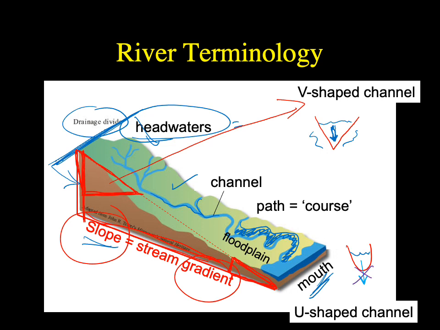And instead, you'll notice the river spends a lot more time going back and forth rather than cutting down. So that's what gives these channels very different morphologies, right? V-shaped channels, really high slopes where the water is trying to cut down and get close to base level, or you get U-shaped channels closer to the mouth of the river where the water is closer to base level and the river is just kind of happily meandering back and forth.